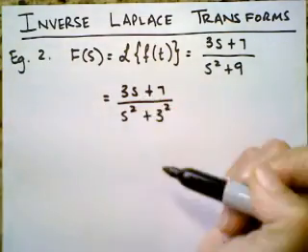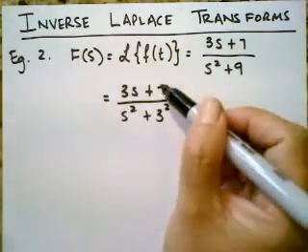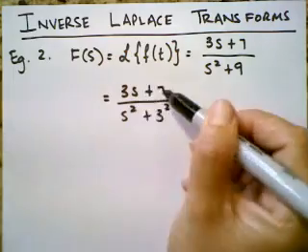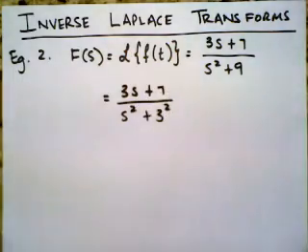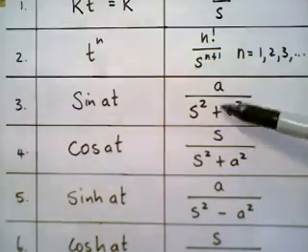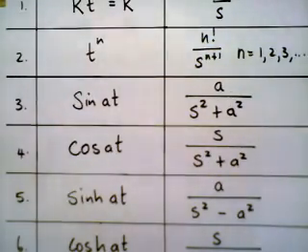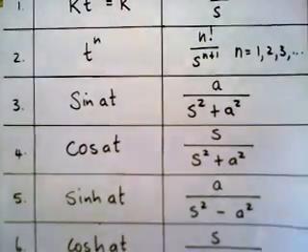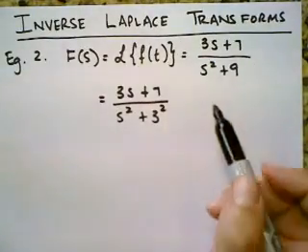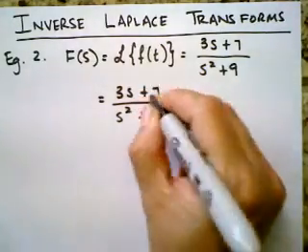Now we move to our numerator, because you want to find something similar to your numerator. Here you've got a bit of a problem, because you've got two terms in your numerator, but on your table, numbers 3 and 4 only have one term. Which means you need to change the form of your function again. In this case it's fairly straightforward, because all you need to do is split up your numerator.